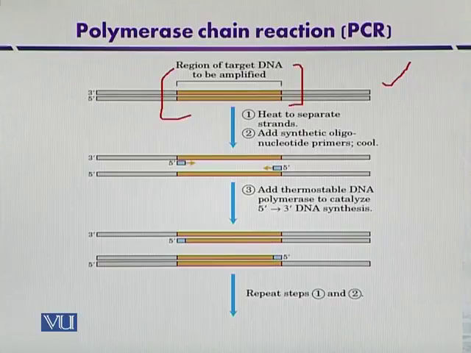The region of target DNA to be amplified is indicated in yellow color, and then it is exposed to heat so that double-stranded DNA is converted into single-stranded form, and then other requirements like nucleotide bases and primers are added, and temperature is also managed for this step. And after the primer attachment sites, the DNA synthesis follows. So the first cycle resulted in the synthesis of 2 strands of the DNA.